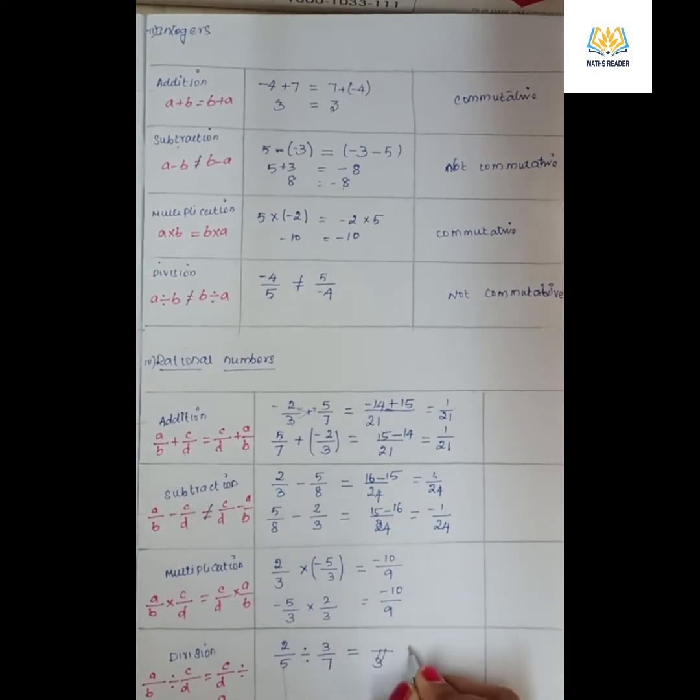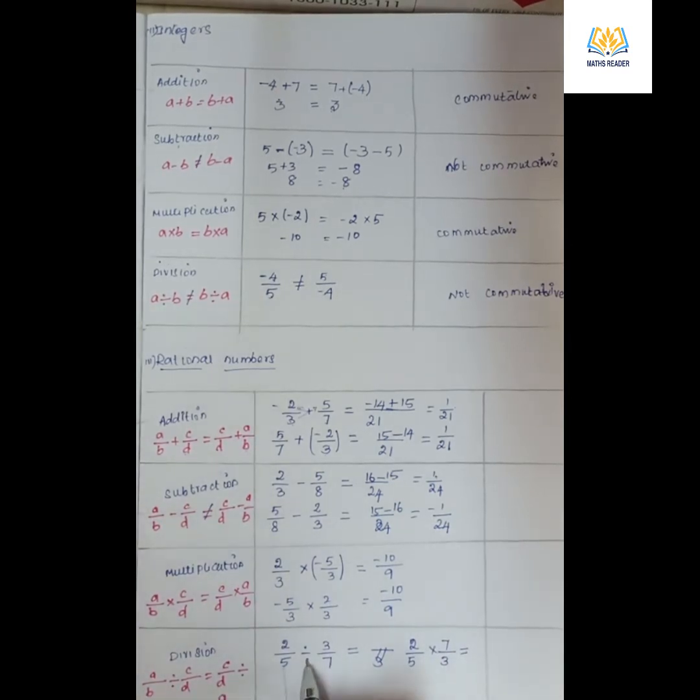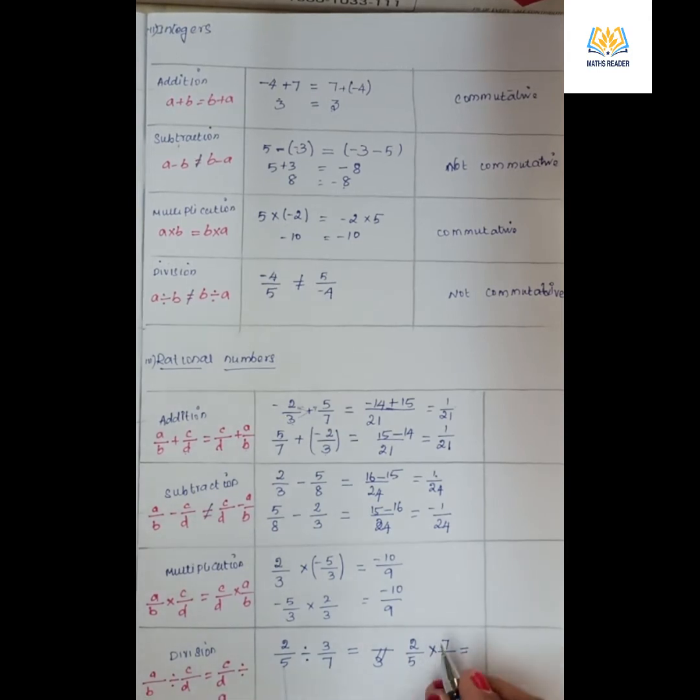Sorry, you rearrange this: 2/5 into 7/3. This is in division form, so we are rearranging as 7/3. 2 7s are 14, divided by 15.